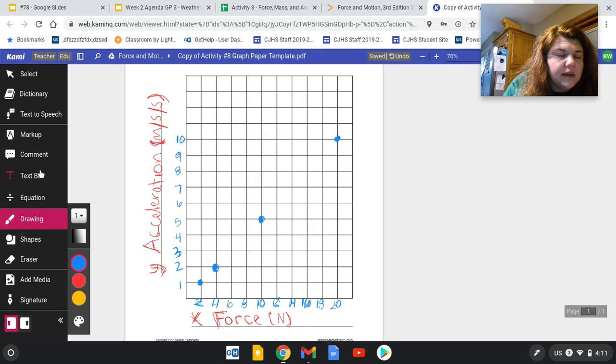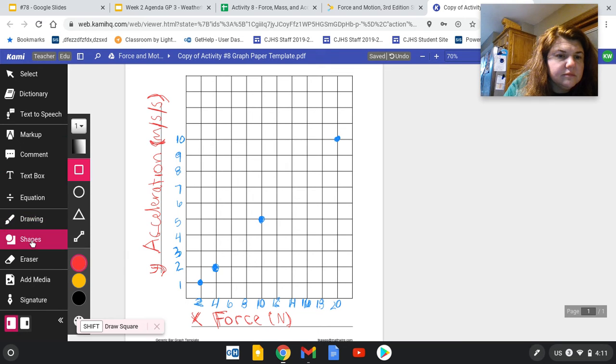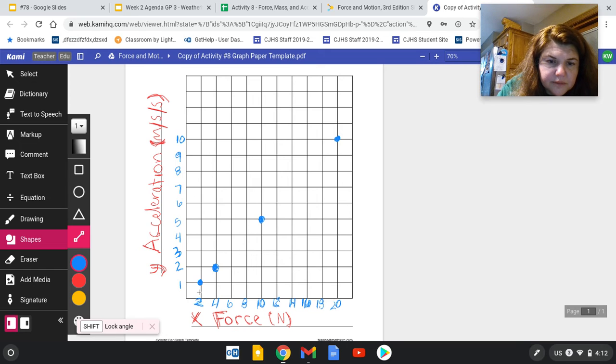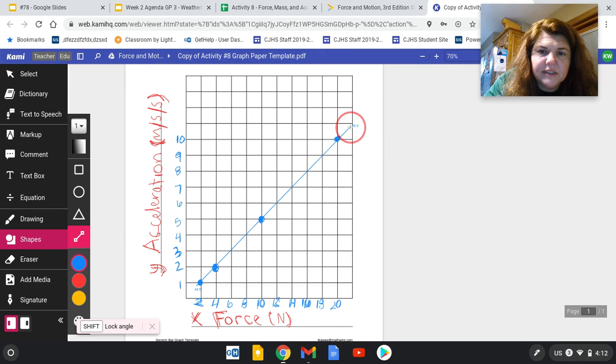So here's my line. I use the same color. And look at that. That is awesome. My data goes through those dots perfectly.